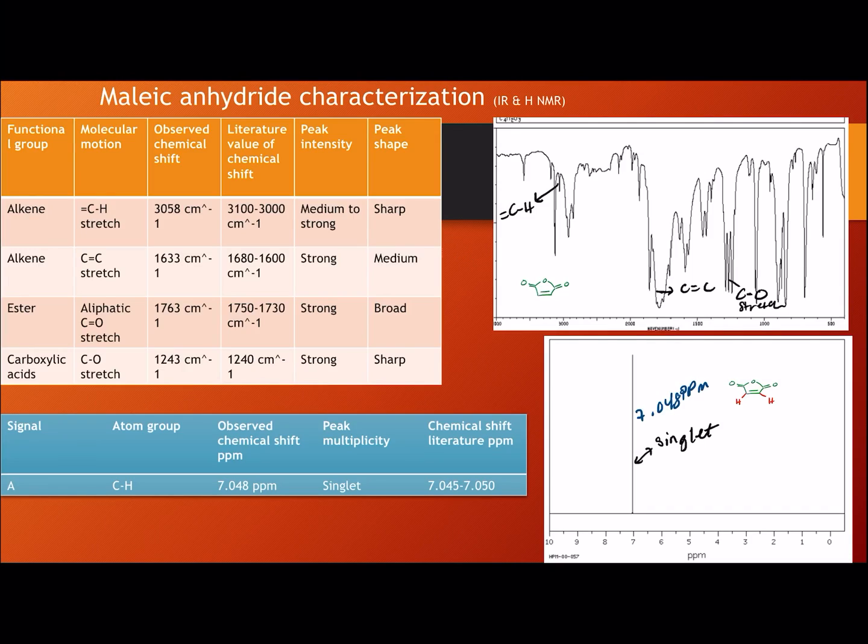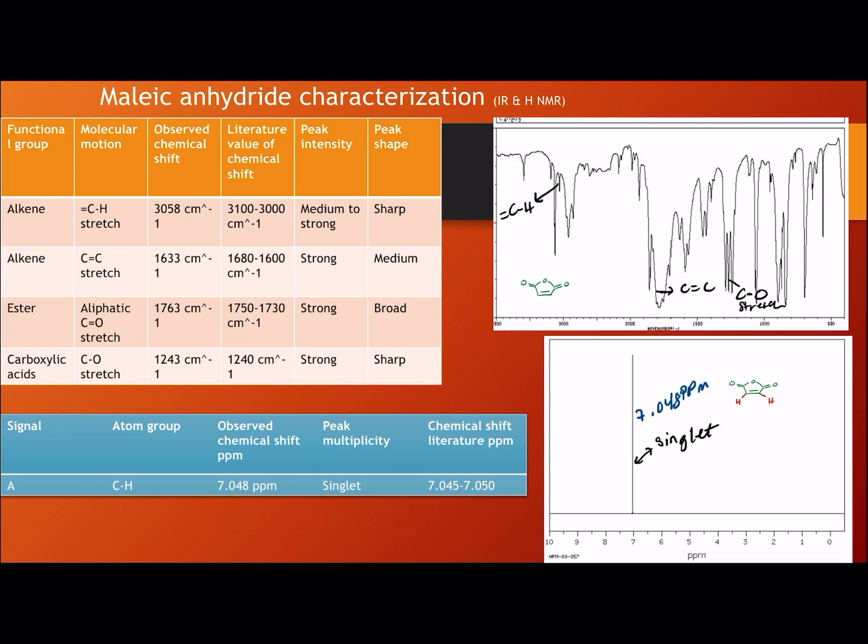Let's move on. So the starting material, maleic anhydride, was analyzed and characterized using IR and HNMR spectroscopy. We found that there were 4 major signals in the IR spectrum. 2 alkene functional groups, one being a double bond CH stretch and the other being a carbon double bond carbon stretch.